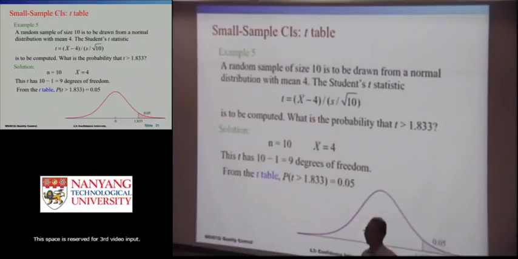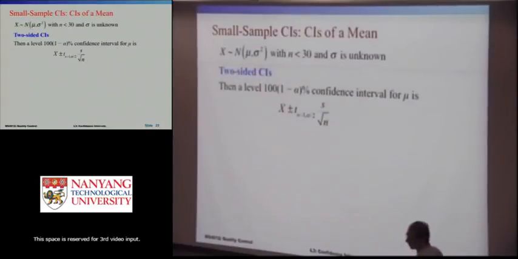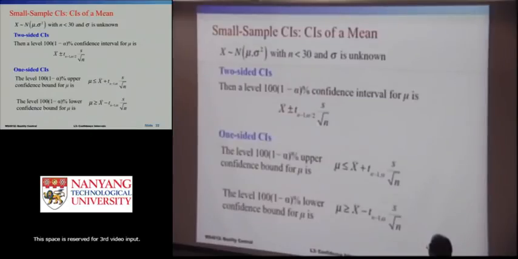Then we extend it to two-sided. You can see this is t with n minus 1, the degree of freedom. For the two-sided confidence interval, this is alpha over 2. For the one-sided, this is alpha. This is similar to the large sample, where we get a Z alpha over 2 for two-sided and a Z alpha for one-sided.